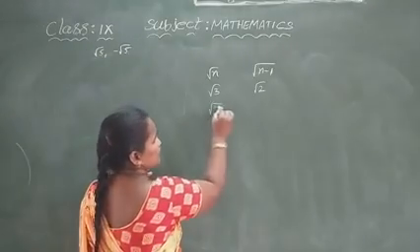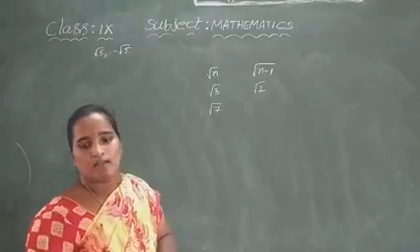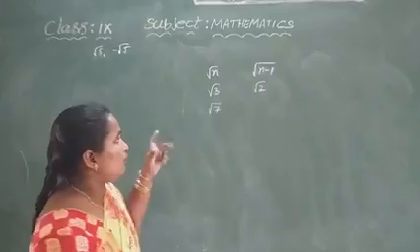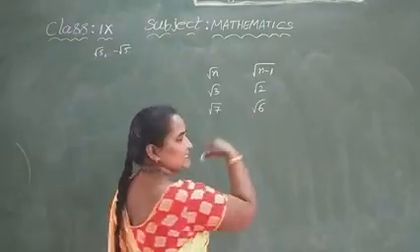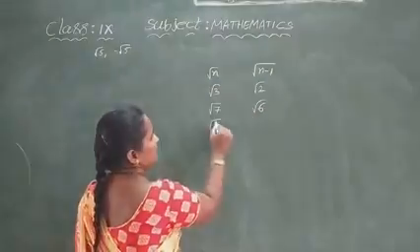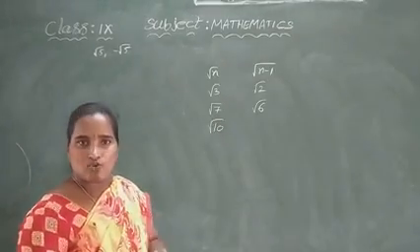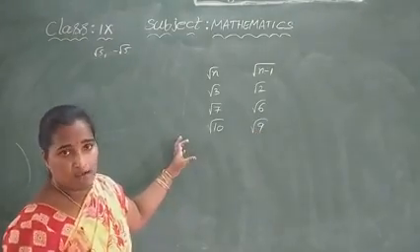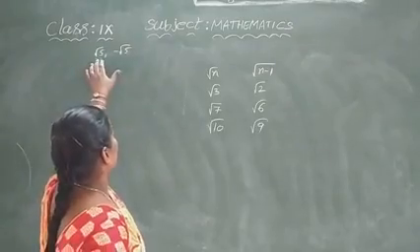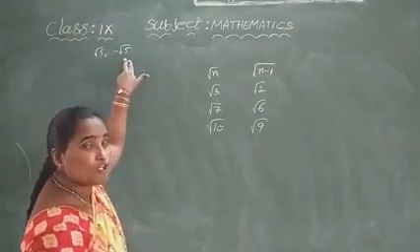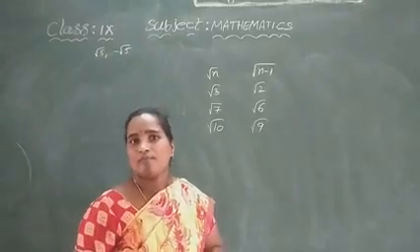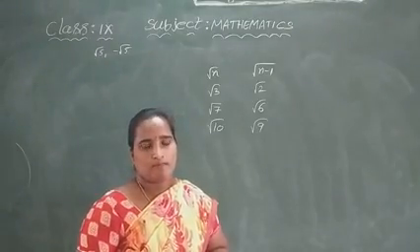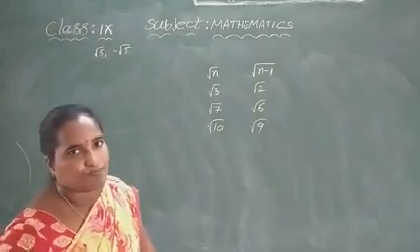For example, you take √7, to locate on the number line, we must know the position of √6. For example, you take √10, then we must know the position of √9 on the number line. Okay ma? First of all, here you take √5 and minus √5. Then we must know the position of √4 also. √4 is a perfect square. The value of root 4 is 2.